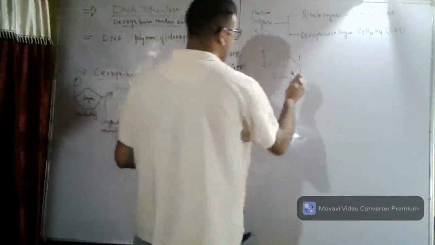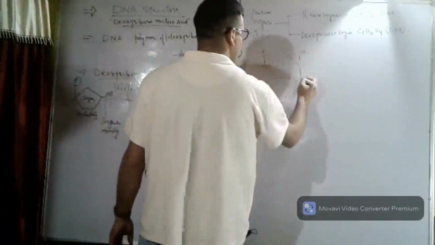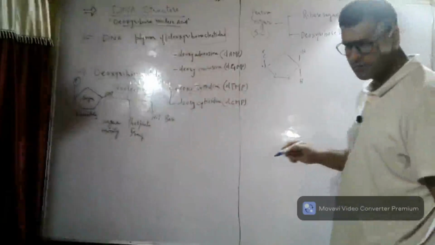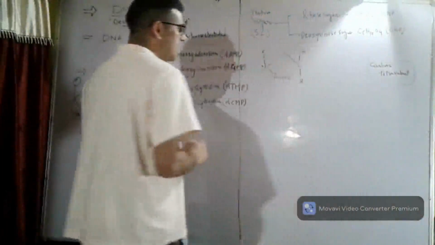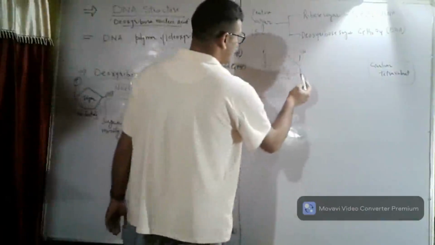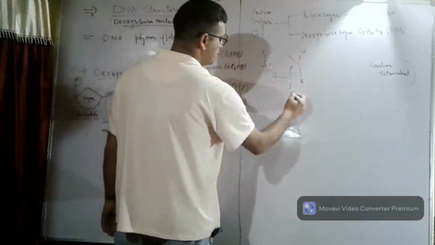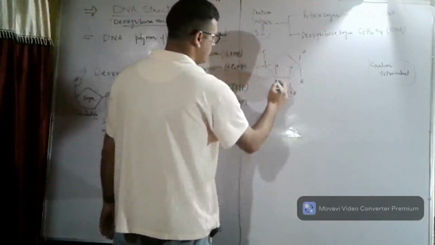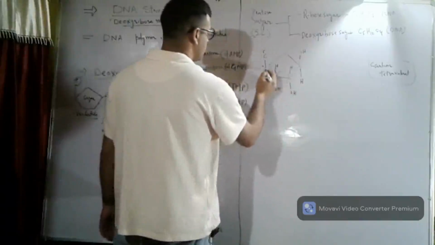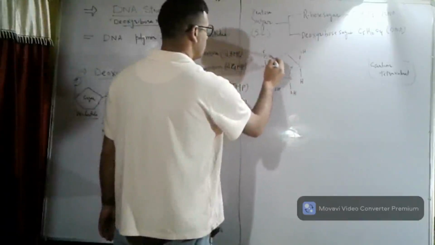Carbon is always tetravalent, having 4 valency in all cases. So we have OH, H, and this is complete: H, OH, H, OH, H, OH.